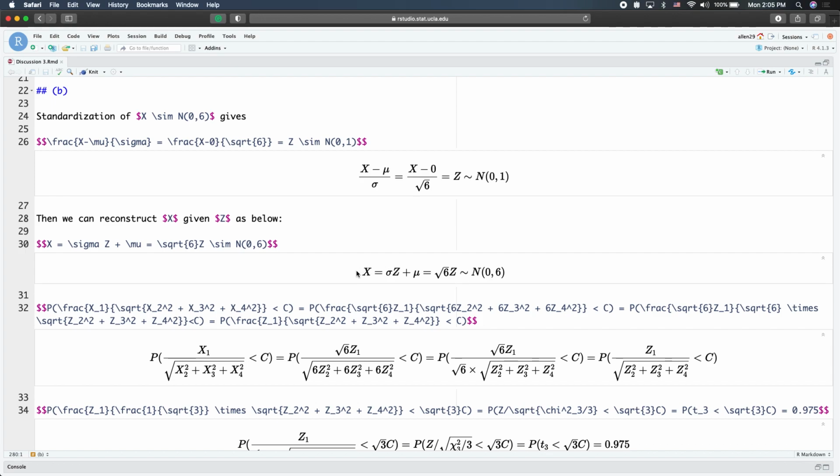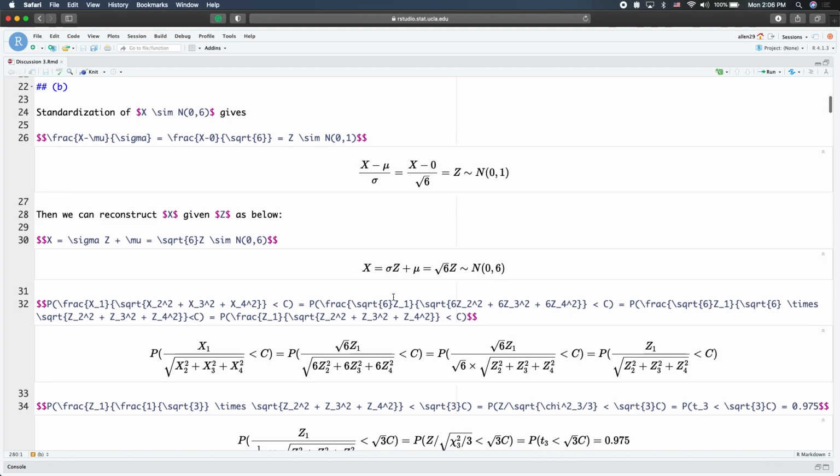So in this case, x can be expressed as sigma multiplied by z plus mu. Based on the question, we have mu equal to 0 and sigma squared equal to 4. So we are able to rewrite each of the xi as 0 plus square root of 4 multiplied by a standard normal random variable.